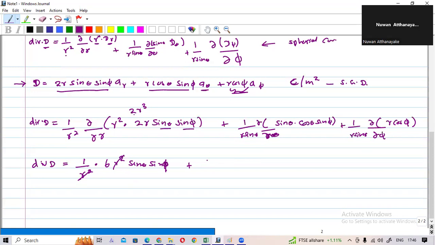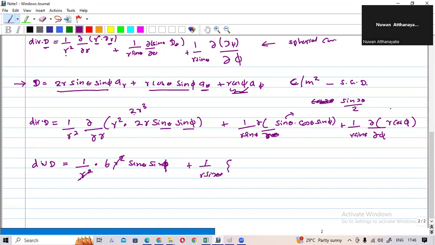Plus, here r sine theta is there, and you need to evaluate this one. Here sine theta cos theta, maybe you can write this as sine 2 theta divided by 2, because sine 2 theta is equal to sine theta cos theta plus cos theta sine theta.